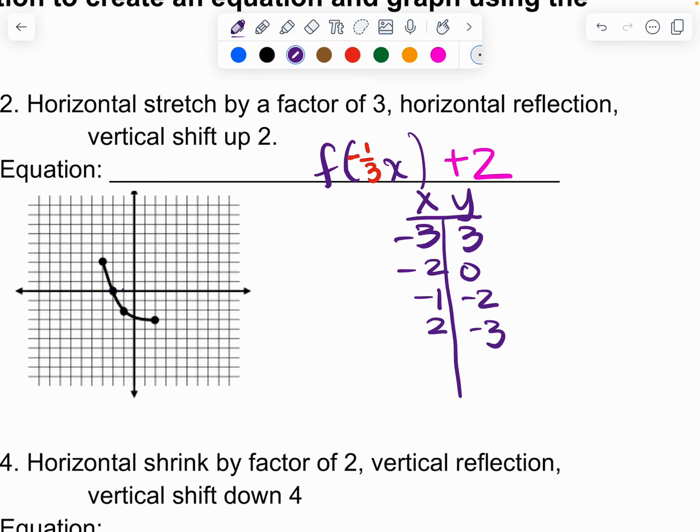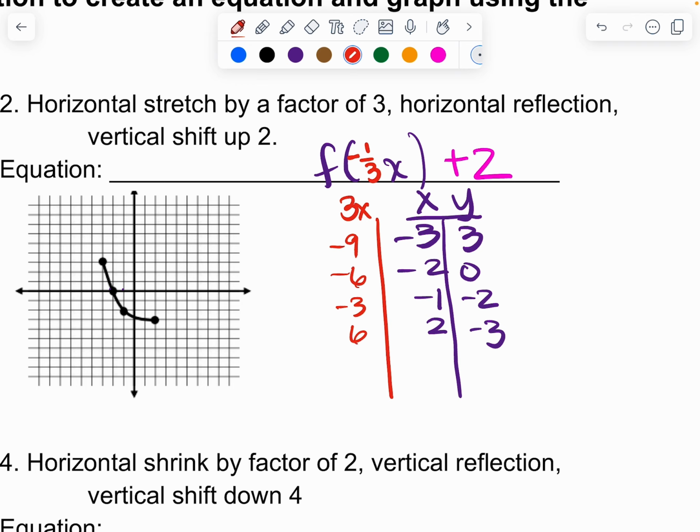Okay, so now we have to do, remember, we're doing the opposite operation. So right now, we're dividing by 3, so we have to times everything by 3. So I'm going to multiply this by 3. So negative 9, negative 6, negative 3, and 6.